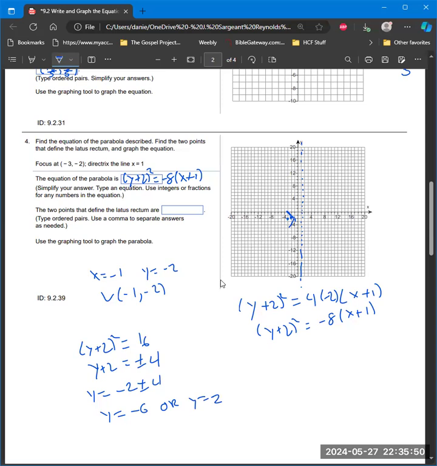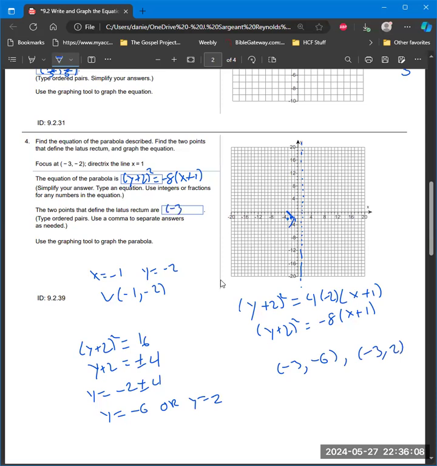So the points that are on the latus rectum are going to be when x is -3, y is -6, and when x is -3, y is 2.